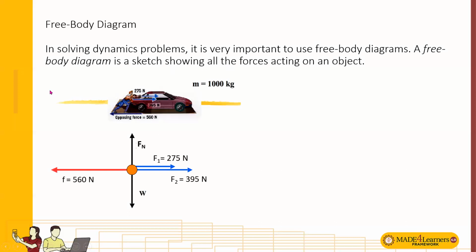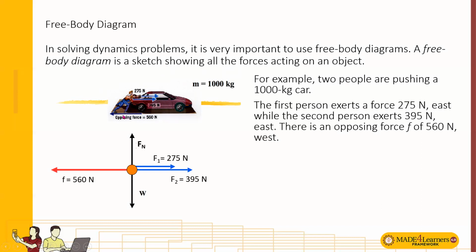So for example, two people are pushing a 1,000 kilogram car. This is a 1,000 kilogram car, and these are the two persons. The first person exerts a force of 275 newtons east, while the second person exerts 395 newtons also east.